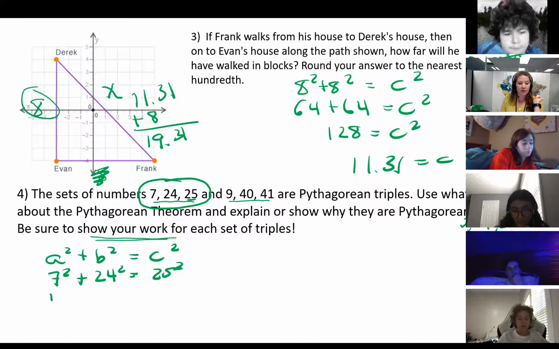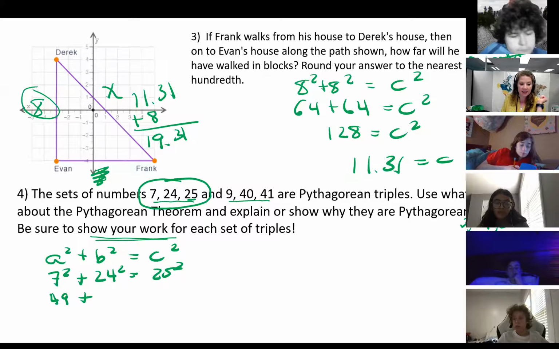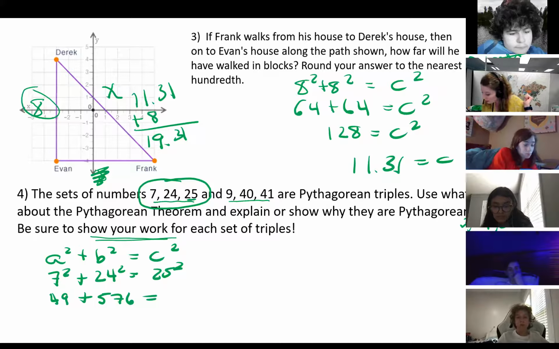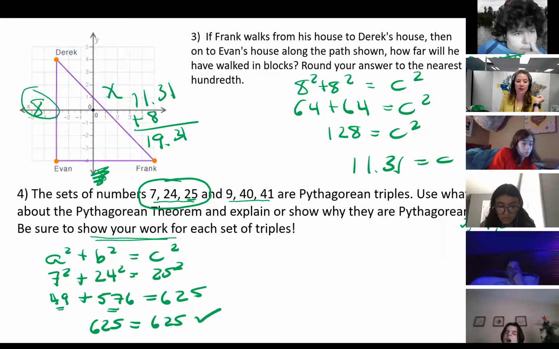So 7 squared is 49. 24 squared is 576. And 25 squared is 625. Well, 49 plus 576 is 625. So this is how I would prove that those are Pythagorean triples.